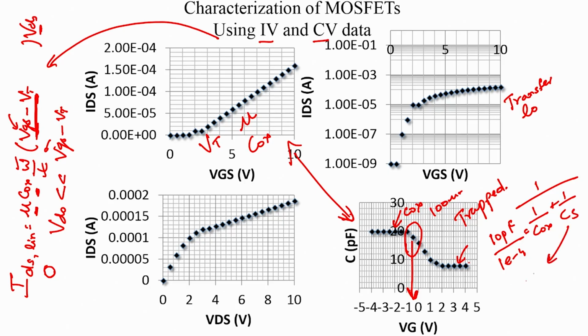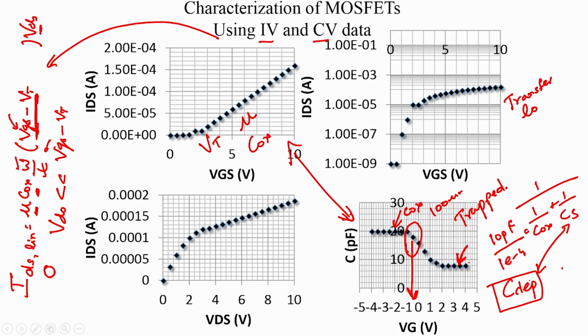And what is Cs? Cs is nothing but your depletion capacitance plus interfacial trap capacitance. And if interfacial trap capacitance does not exist, then it is purely your depletion capacitance. At high frequency, it is very likely that the interfacial trap charge will not respond, and therefore, it is very likely that this is simply the depletion capacitance.